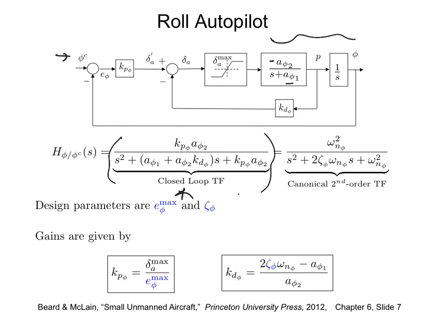So that's the idea. So we choose your Kp accordingly, again, so that it does not saturate. It's your delta A max. Delta A max is the maximum deflection your aileron can have, and your e phi max, I generally go from 0 to 45 or 0 to 30. You can choose it to be minus 45 to 45.